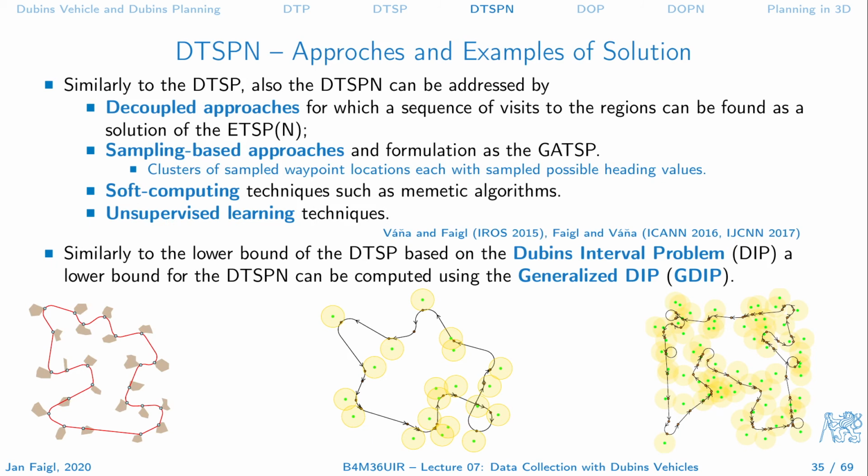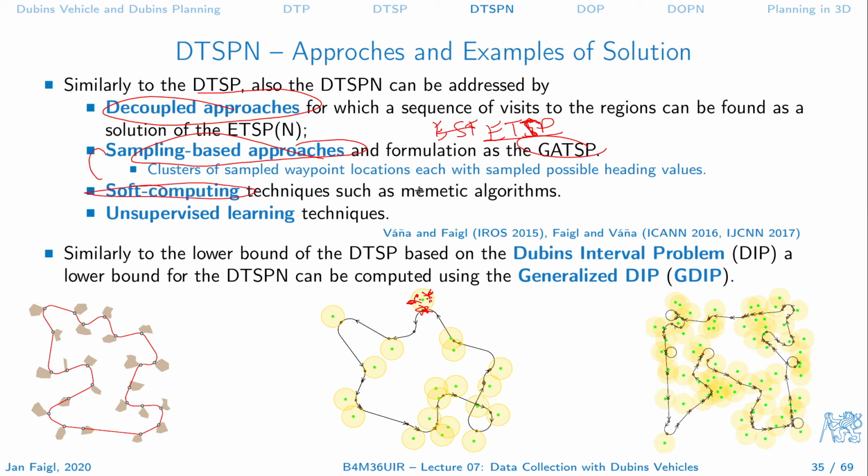What are the approaches? Not surprising, the decoupled approach. You can solve this, find the sequence. Here we can actually use the sequence found as the Euclidean TSP. We can also sample. It will be a little bit more samples because we need to sample the headings, and for each location inside a neighborhood we need to sample the headings. So sampling based.